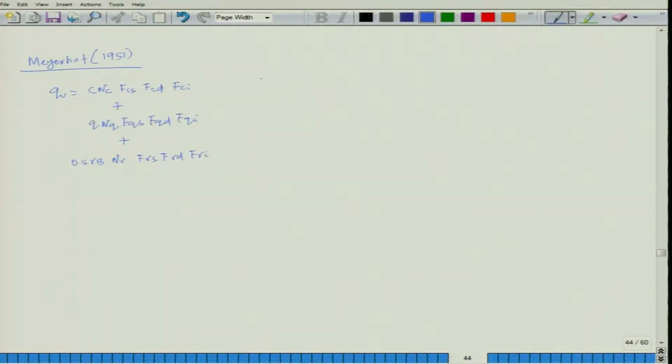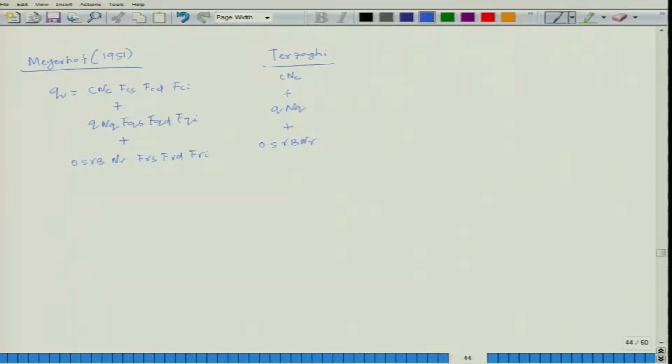If you look at these terms in terms of Terzaghi, what is this Qu? Here it is only C NC plus Q NQ plus 0.5 gamma B N gamma.